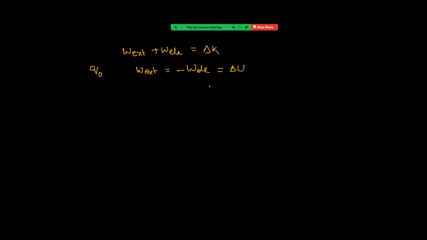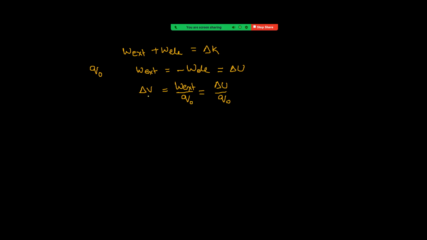So now we are defining potential difference as work done by external force in moving a unit positive charge, that means divided by Q naught. Work done by external force is equal to delta U. That means change in potential is equal to change in potential energy per unit charge.